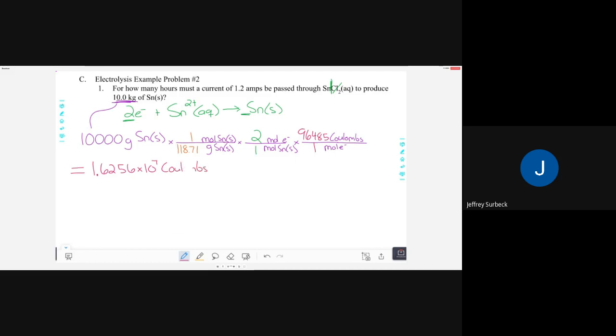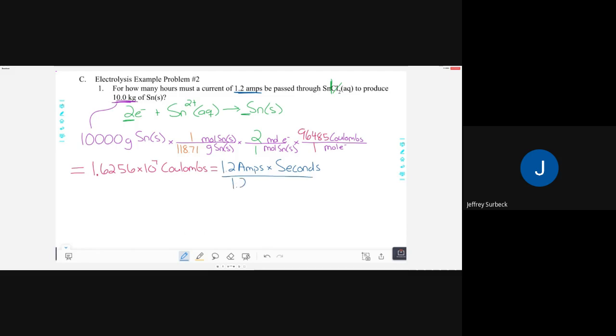Now, let's keep going here because coulombs equals, what's the first thing listed in our formula? Coulombs equals amps. Very good. We have 1.2 amps. Do we know how many seconds we have, or do we need to find that? Perfect. So we say times seconds. How do I get seconds all by itself?